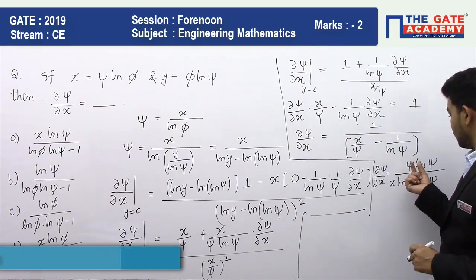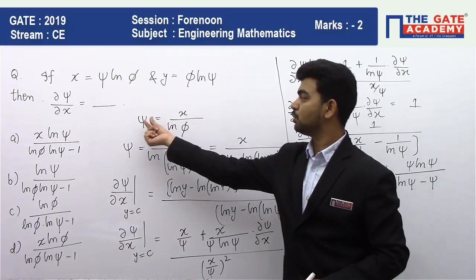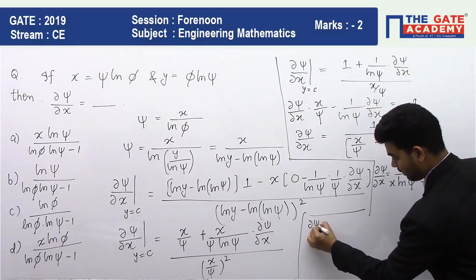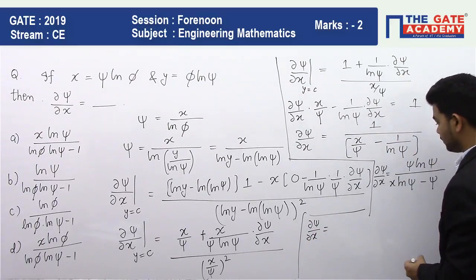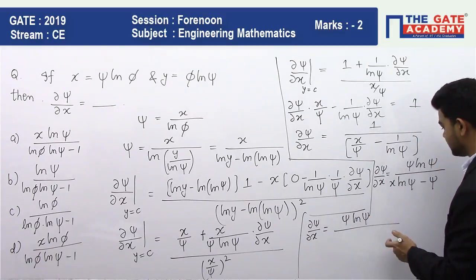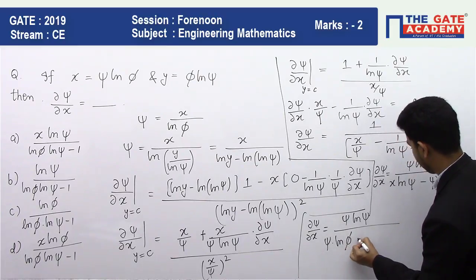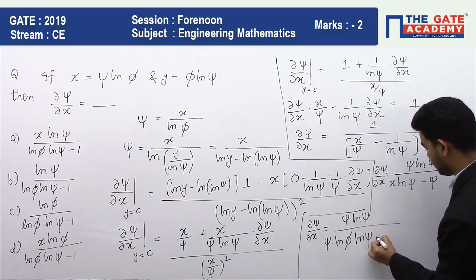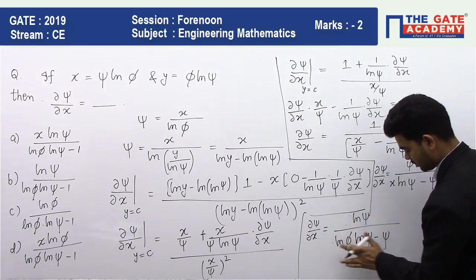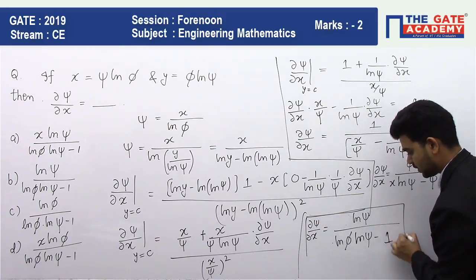See, x can be replaced, and x is equal to psi into ln phi. So del psi by del x is equal to psi ln psi, and x is equal to psi ln phi, and ln psi minus psi. So psi will be cancelled out, and we'll get 1 here, and we got our expression.